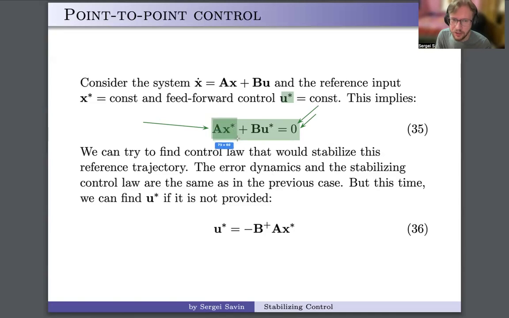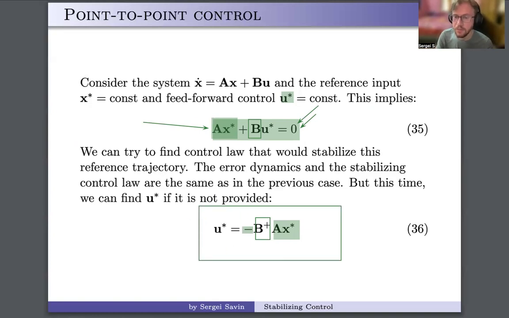So basically, we can put A x star to the right-hand side with a minus. And then we get B u star equals minus A x star. And if we pseudo-invert this, that is the pseudo-inverse, or in other words, if we solve the least squares problem, so we find the least residual solution for this equation, we get this.